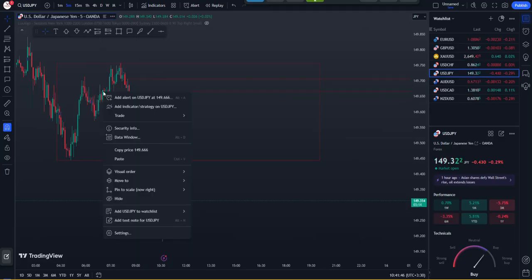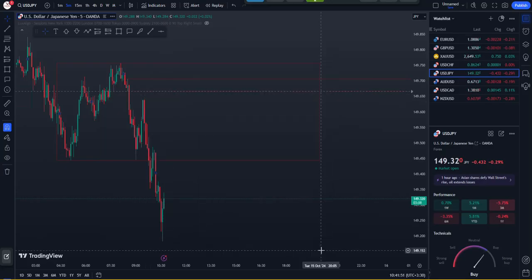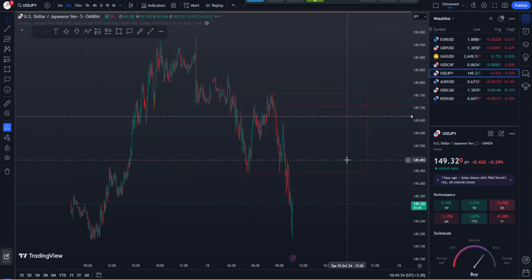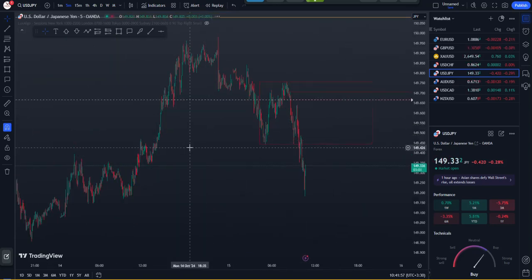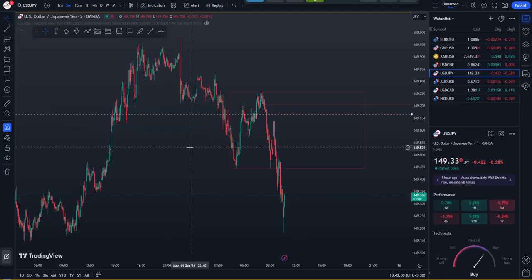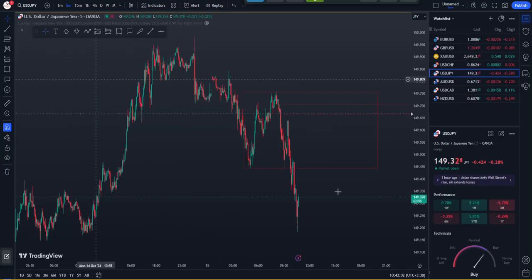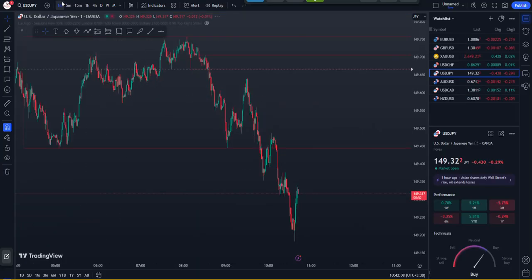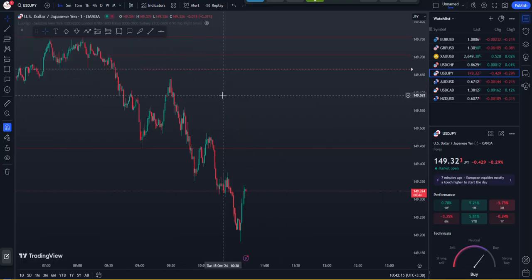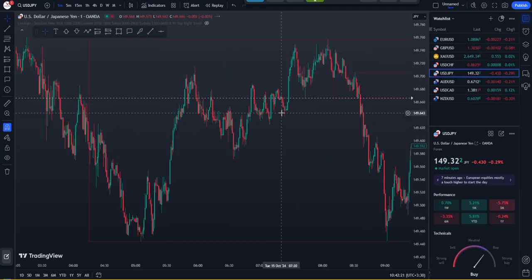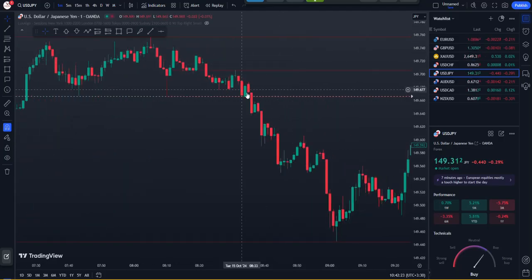I can put my alert here, and when price reaches that, I'm going to wait and, after seeing some reactions, find some short opportunities. Okay, let's look at it. This one didn't come back to there, but reached to here, and we have no shadow candle here.